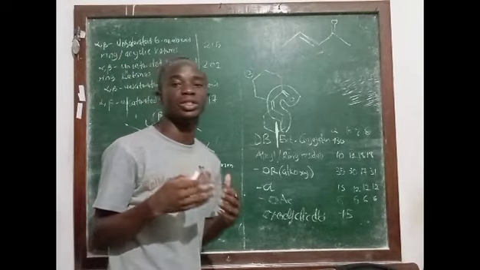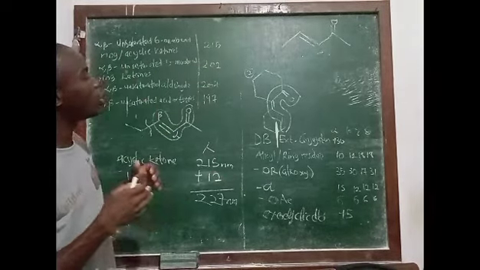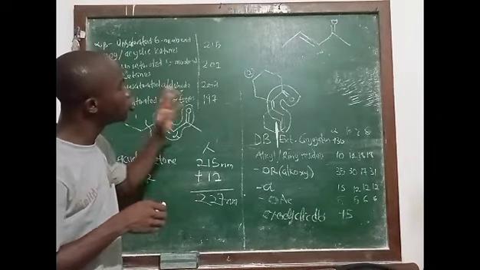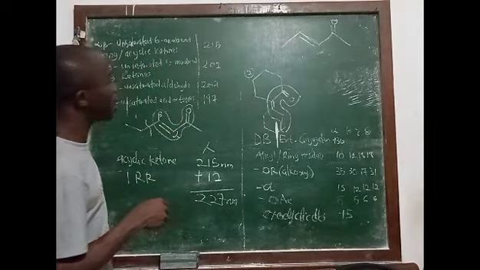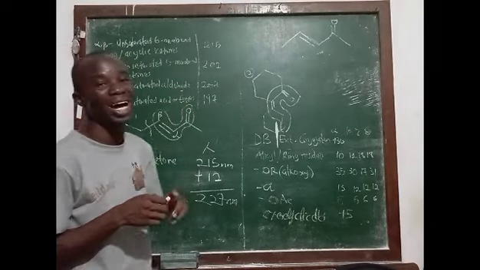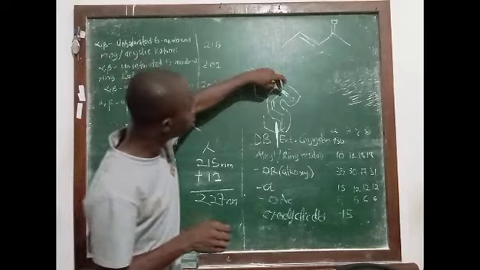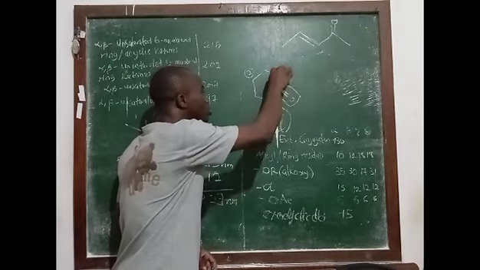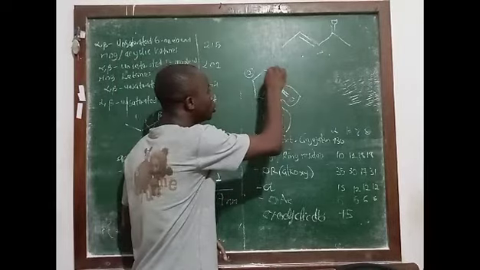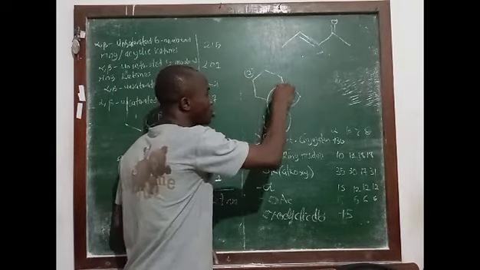So after identifying the conjugation system, we can now identify what is the chromophore in this particular case. The chromophore in this case will be that we have an alpha beta unsaturated 6-membered ring ketone, because this ketone functional group is part of a what? A 6-membered ring, which is 1, 2, 3, 4, 5, 6.